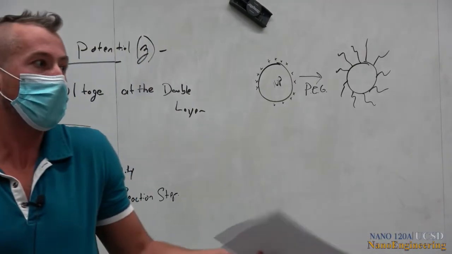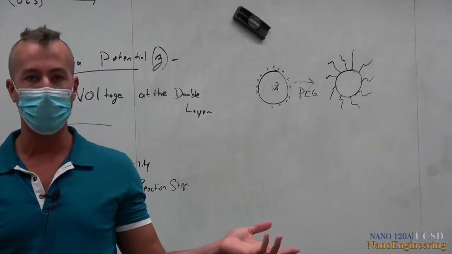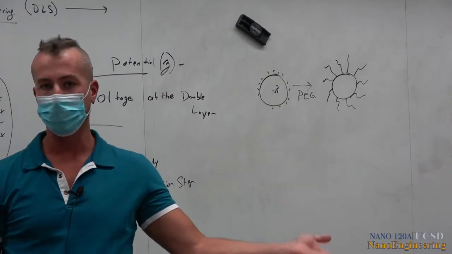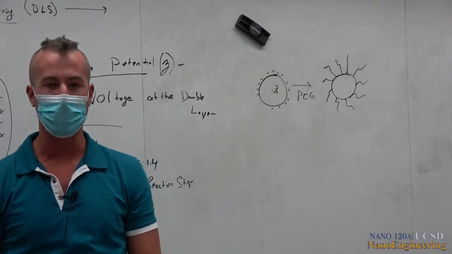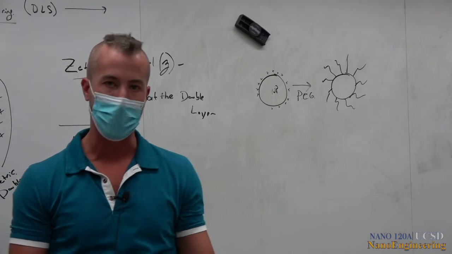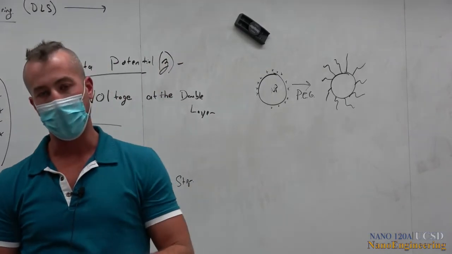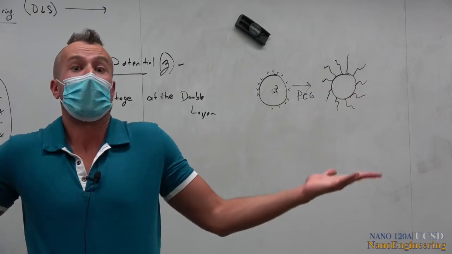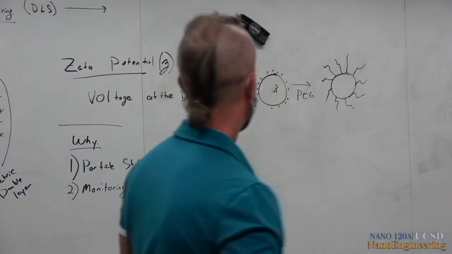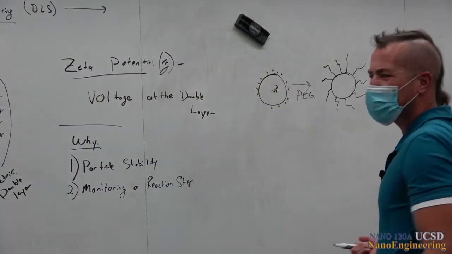You say, okay, I took my gold particles, I added some polyethylene glycol, I shook it up, I let it react overnight, then I spun the particles down, washed the pellet, spun them down again, right? So that's a tough measurement to make.